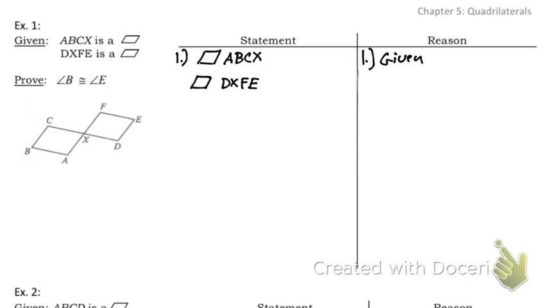The B and E are okay to name because there's only one angle there. The X is the only one you have to really focus on. So what you said is that angle B is congruent to CXA, right? Let's start with that. Let's start with angle B is congruent to angle CXA.